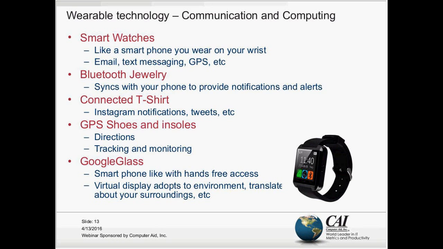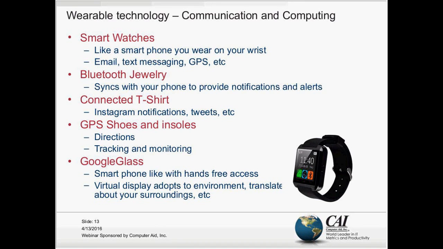If you're taking a walk and you get an important email or text message, you get alerted right away. They also contain GPS devices, so that if you're taking a walk to a new restaurant, or any place you haven't been to before, it's right there on your wrist.